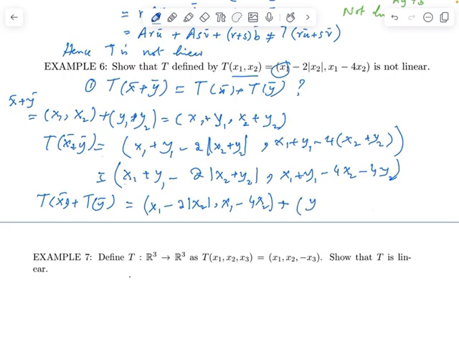So it will be y1 minus 2 times the absolute value of y2, comma, y1 minus 4y2.